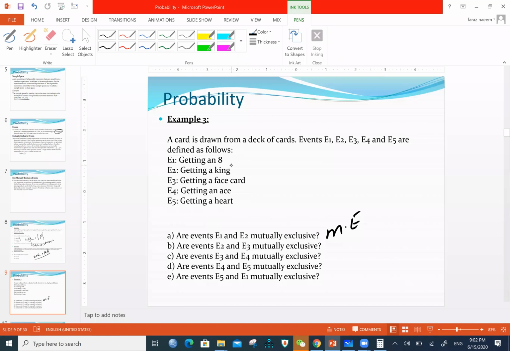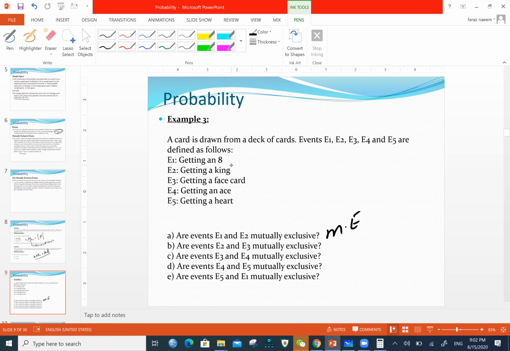So E2 and E3, getting a king and a face card. Now this is not mutually exclusive. You can get both properties in one card. If you get a king, it is a face card as well, because we have a face on that card. Face cards are Jack and Queen too.